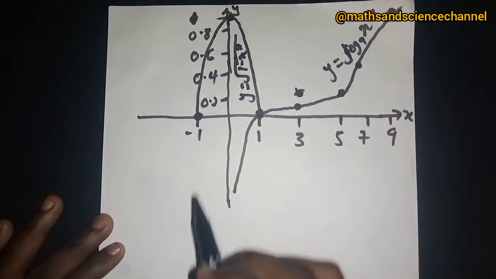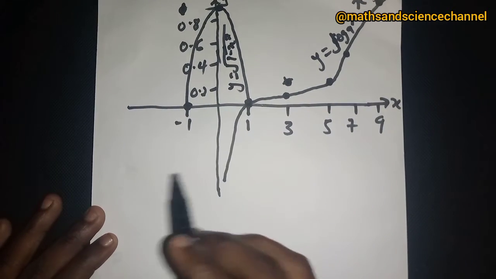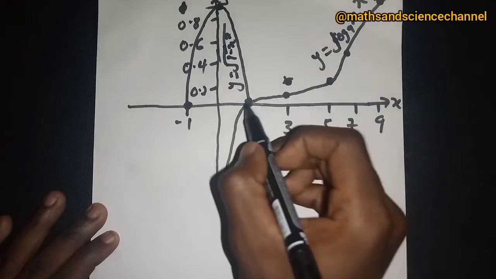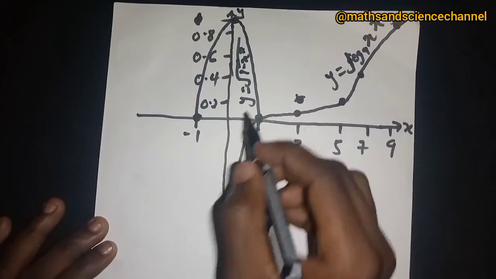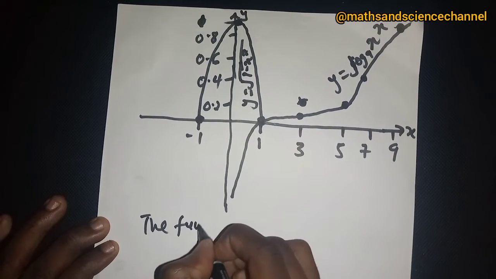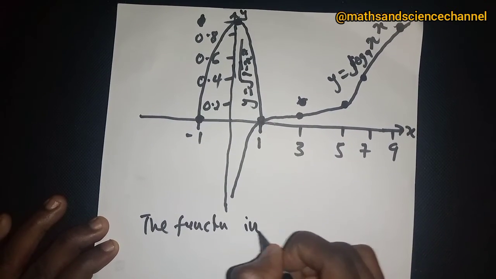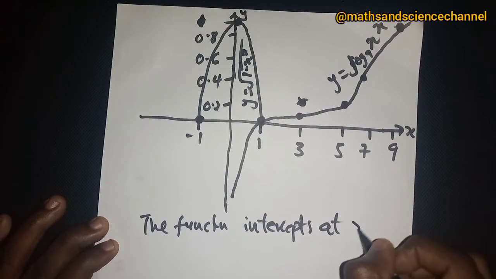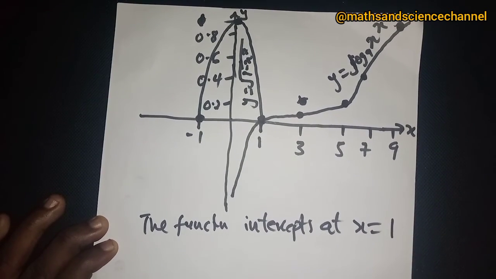Now with this graph, realize that we have graphed the function. Now we have to find the value of x. If you look at the graph over here, you realize that the functions intersect at x being equal to 1, right?